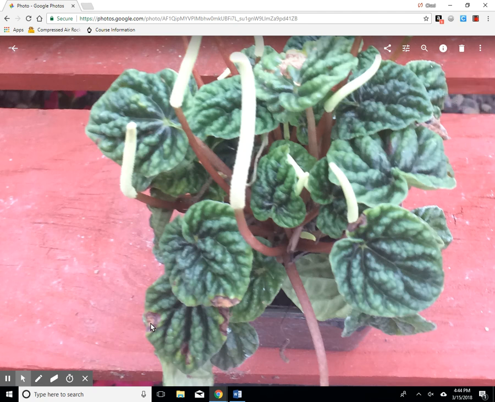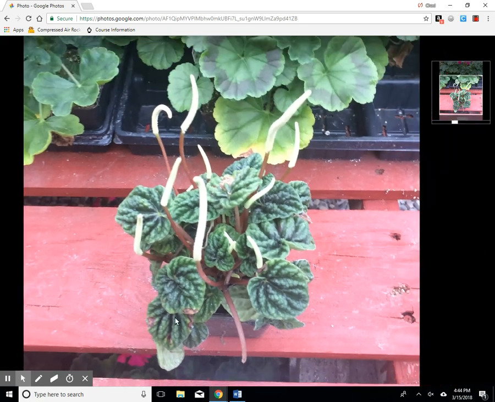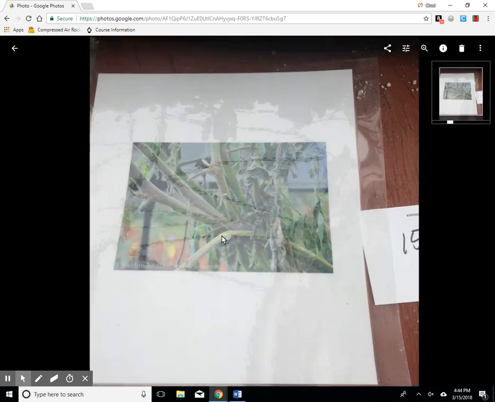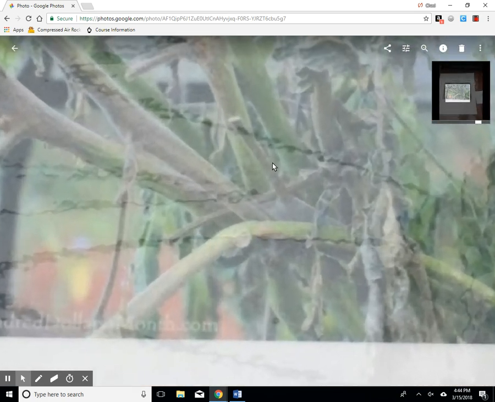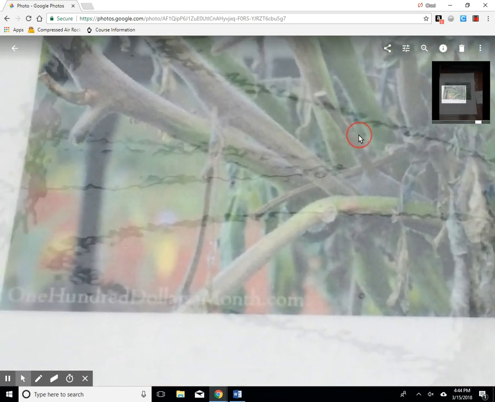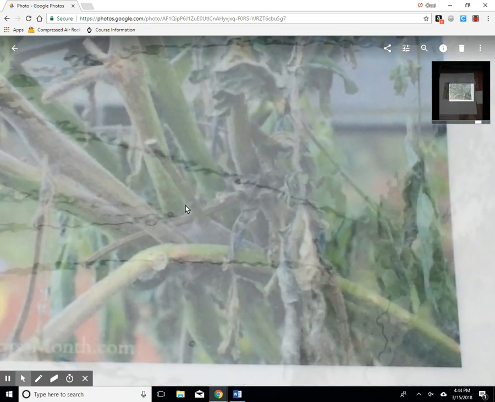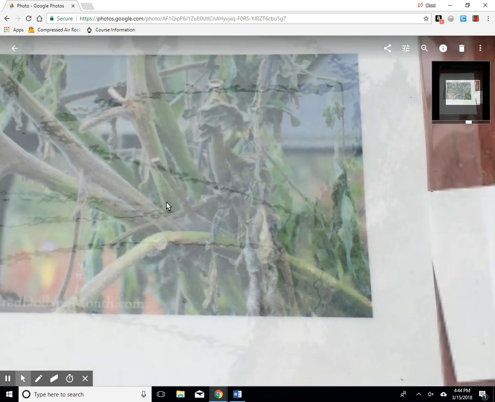It's called an emerald ripple peperomia. Indoor. The leaves are dead. Do you see how it's kind of brown and black? I think this is probably frost damage.